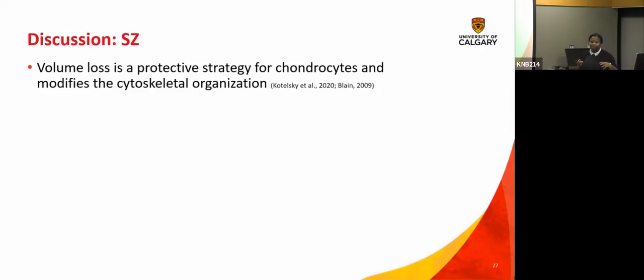During this volume loss, the cytoskeleton in the cell actually remodels to allow the cell to take on the load that's coming in. And it's been shown to be a good adaptive feature against impact loading, for instance. So you tend to see quite a bit of this happening during protocols that are more like impact loading. So volume loss has been shown to be a protective strategy for cells.